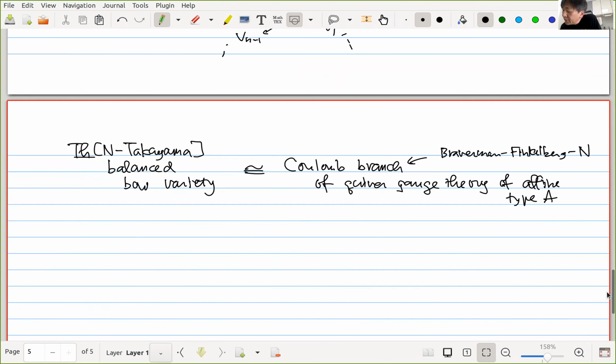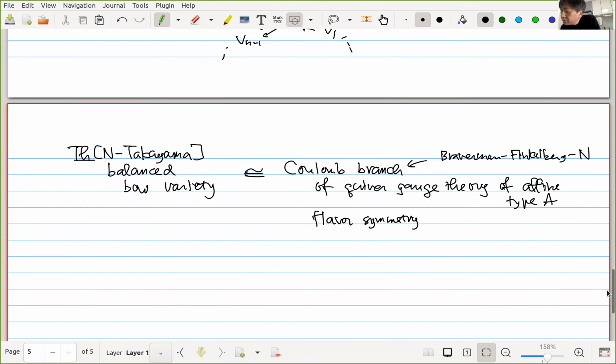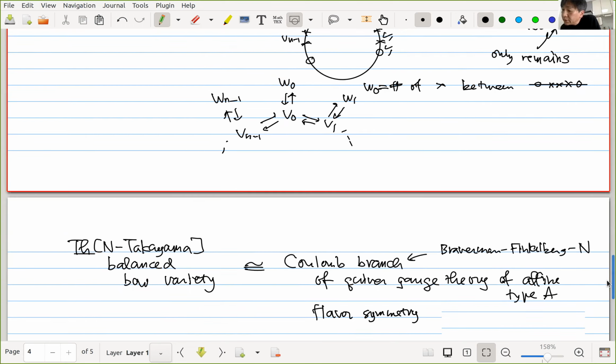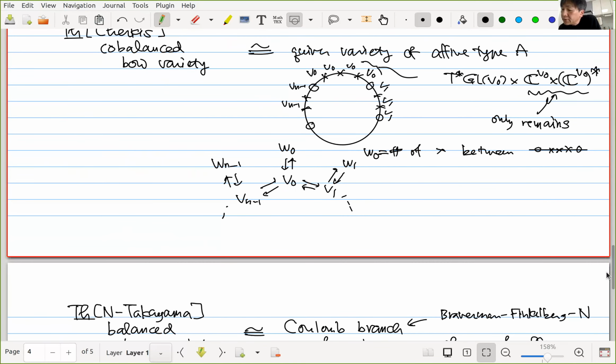This is the affine variety, but once you have the so-called flavor symmetry, the quiver which I use to define the Coulomb branch is the same as the quiver variety for cobalanced, but I just replace the crosses and circles.